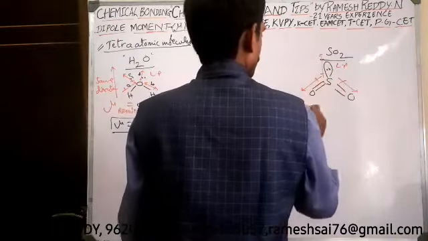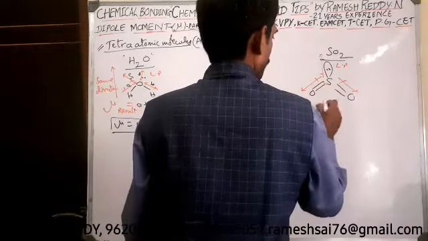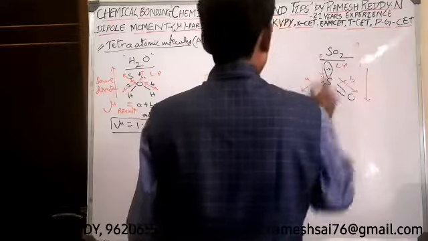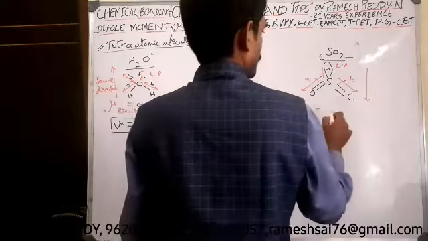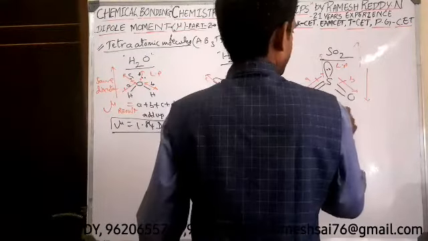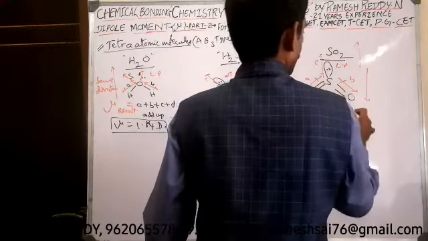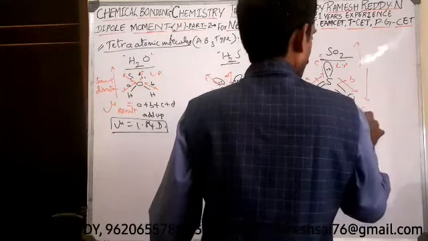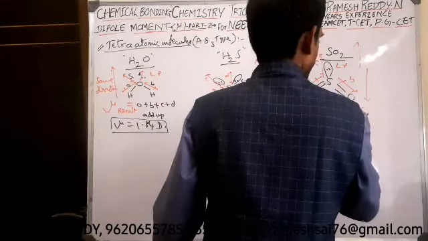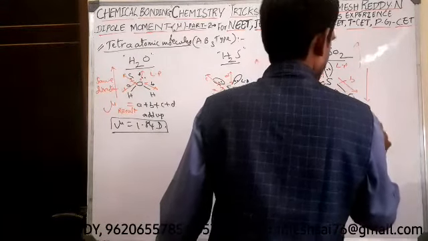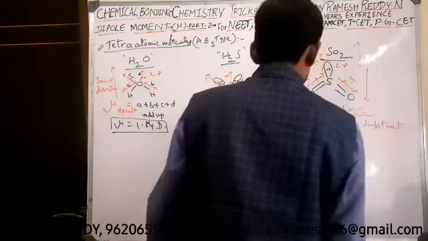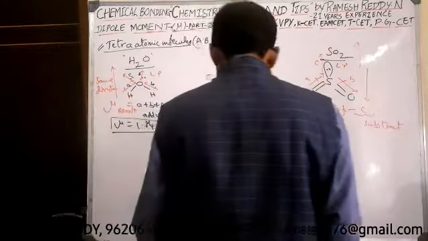The dipoles A and B are added because both are in the same direction, but C is in the opposite direction. So the resultant dipole is A plus B minus C. That means I add these two and subtract the value of C. So you will get some smaller value.